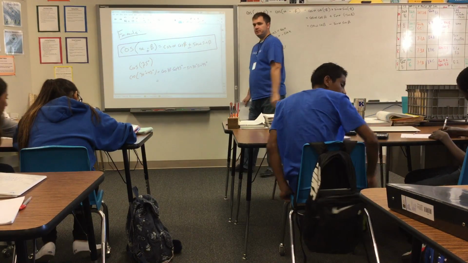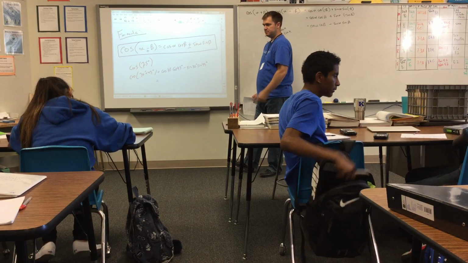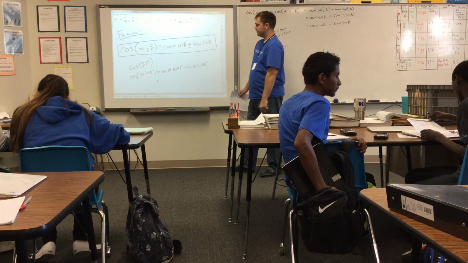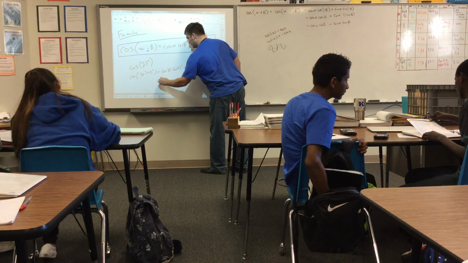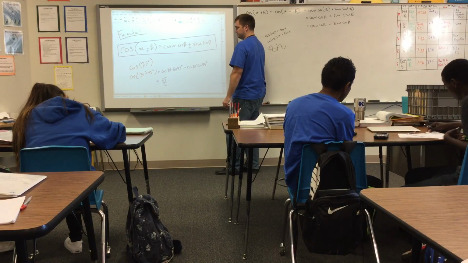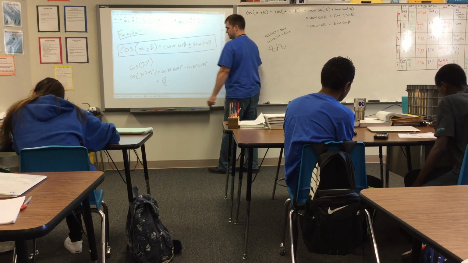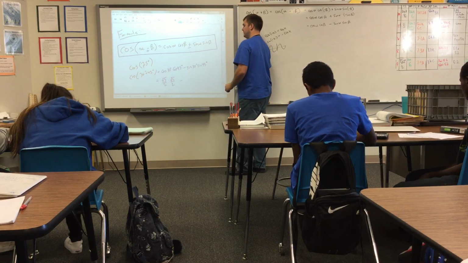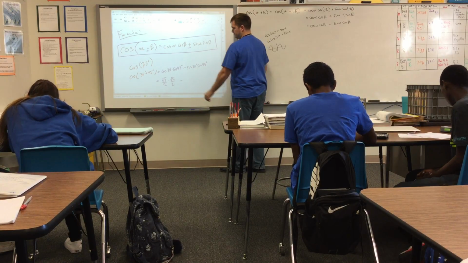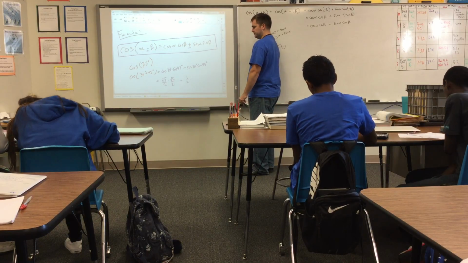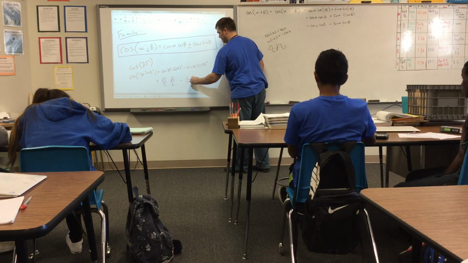So cosine 30 degrees, cosine 45, root 2 over 2. Sine of 30, 1/2. Sine of 45, root 2 over 2.